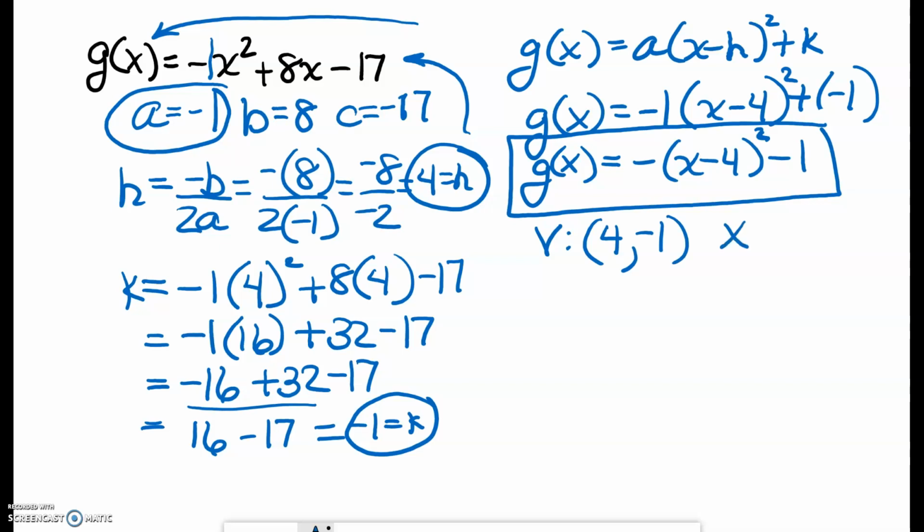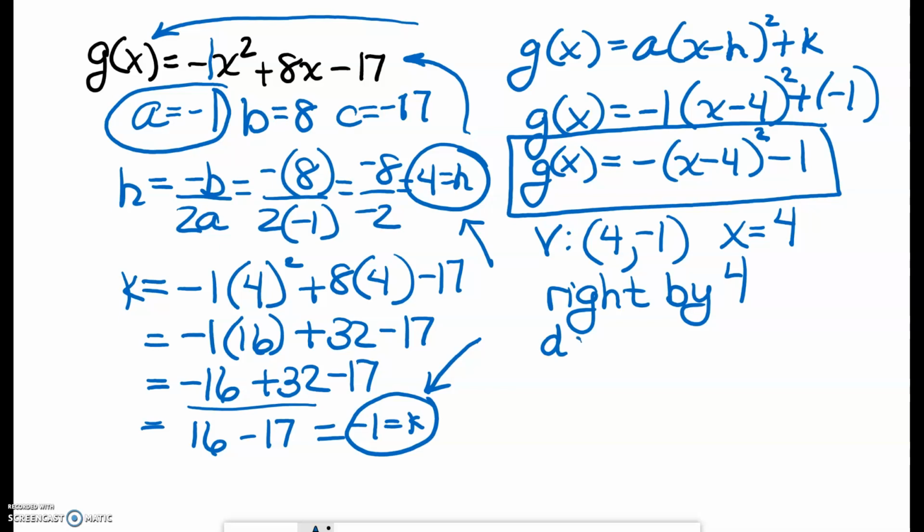My axis of symmetry is x equals h, so that's x equals 4. My h value is positive, so I'm moving to the right by 4. My k value is negative, so I'm going down by 1.